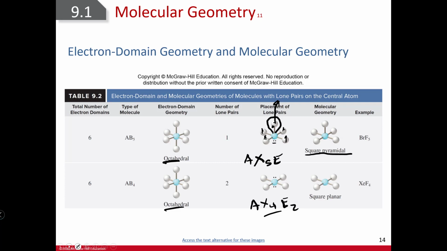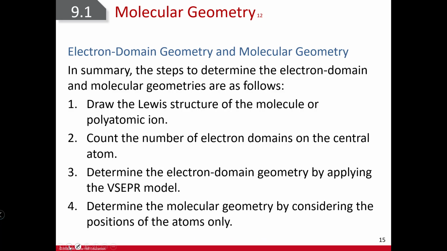So this becomes a lone pair here. You wouldn't want to put them 90 degrees from each other is what I'm trying to say. So that's why we get this square planar. The lone pair's here, and the other lone pair has to be 180 degrees from it. That's the only way you get a square planar geometry. All right. And that's it for the geometries.